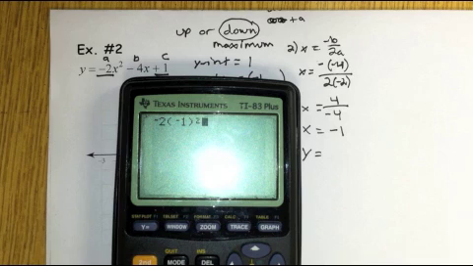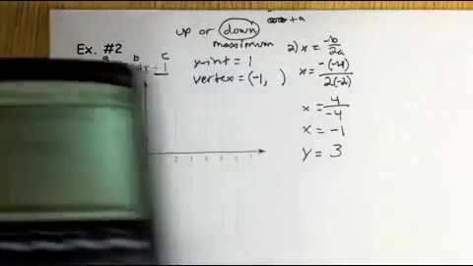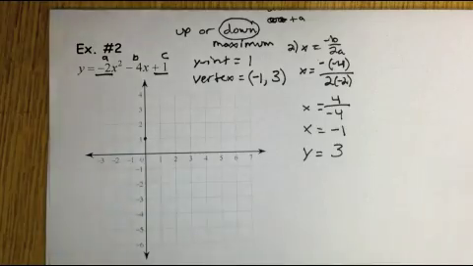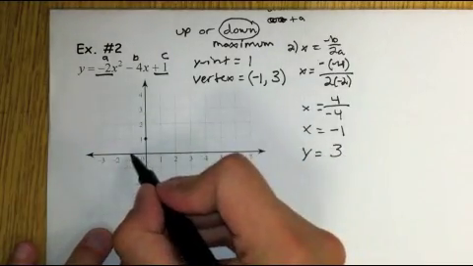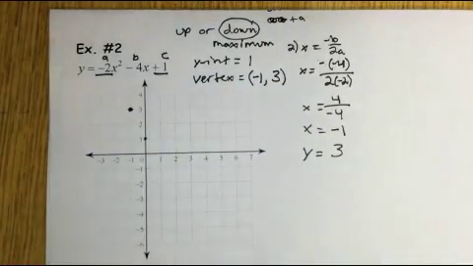Got to use parentheses. Minus 4, open parentheses, negative 1 plus 1. Enter. I got 3. Okay. Can we plot that? Sure, let's go ahead and do that. Negative 1, 3. So we want to go up to 3.